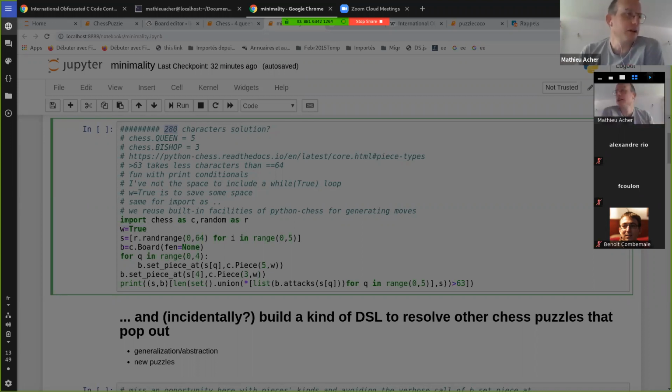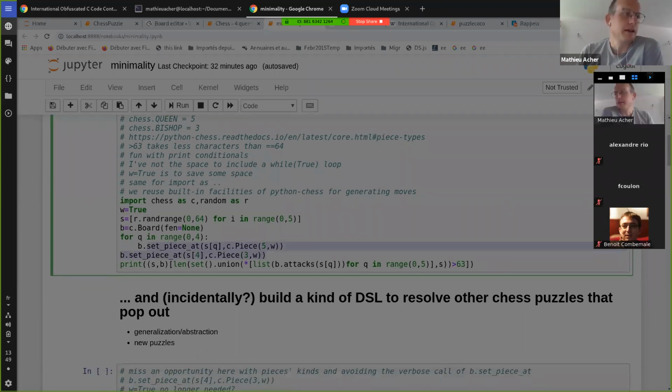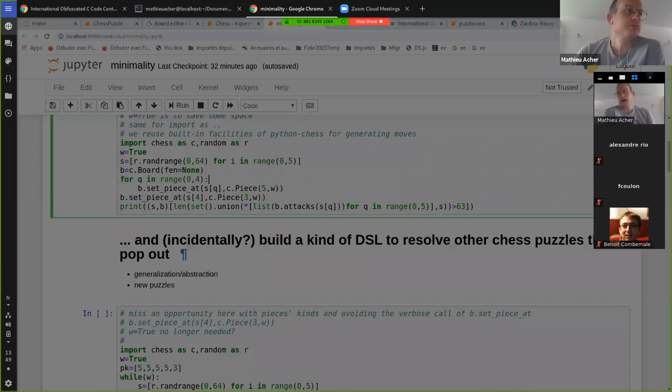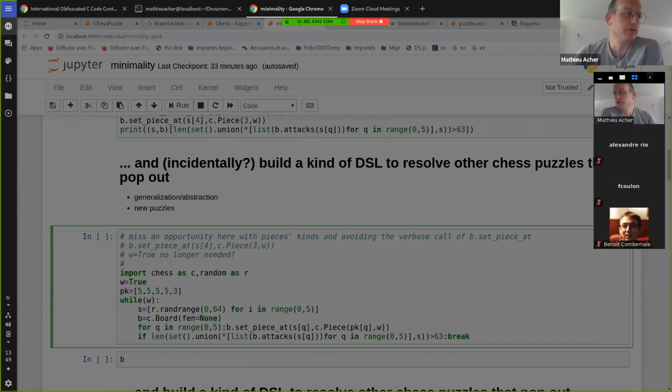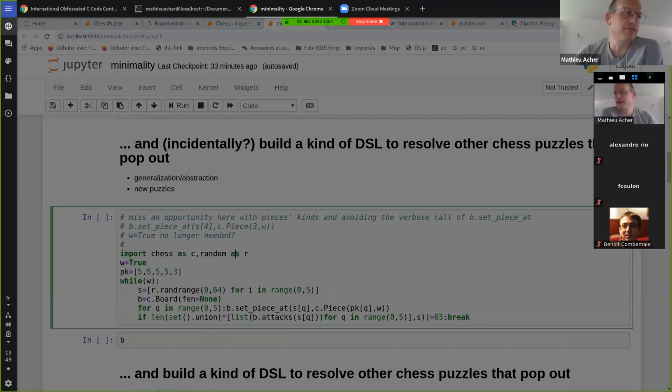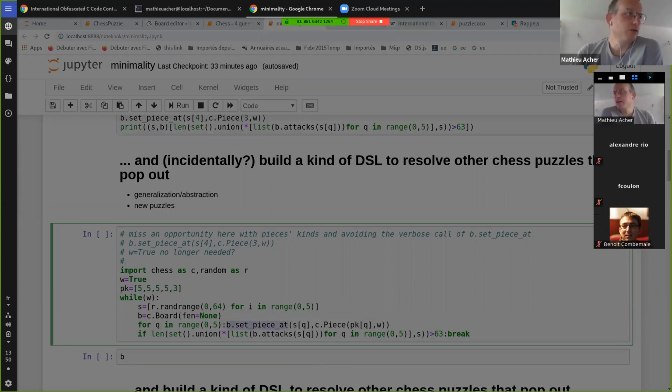So very elegant, right? And if you reinvent the wheel, you cannot have a concise solution like that. And then I continue the story, and in fact I found new opportunities to save some space. So here it's a bit tricky, but the set piece takes a lot of characters, right? And it's called 2 times here.